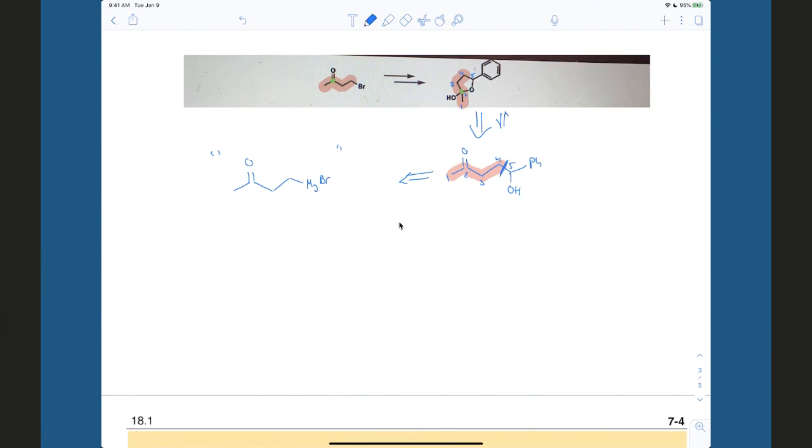But this Grignard can't exist because we have incompatible reactivity. Something else we learned in this section was a protecting group for the carbonyl that would let us protect a ketone by turning it into an acetal, because acetals are stable to basic conditions. They can only be made and destroyed with acid.